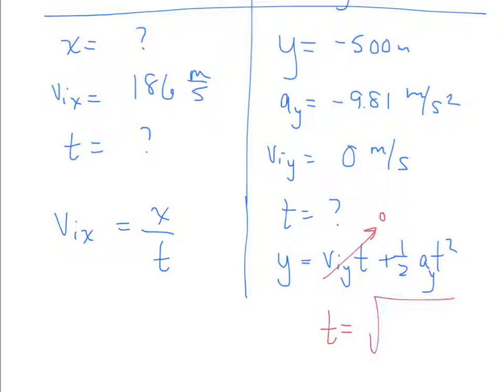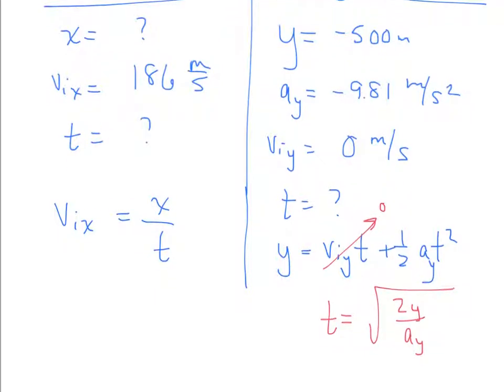Time is radical 2y over a. It's the exact same expression that we had for the Tom Cruise problem. It's not changing at all. So we take 2 times negative 500 meters over negative 9.81 and take the square root of that answer to figure out the time it takes this object to land from a height of 500 meters when it's dropped.